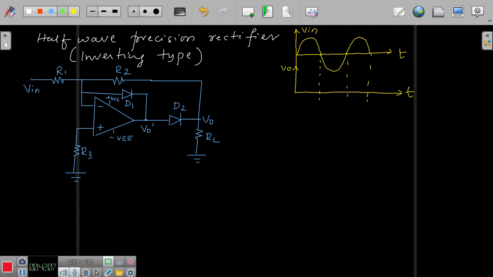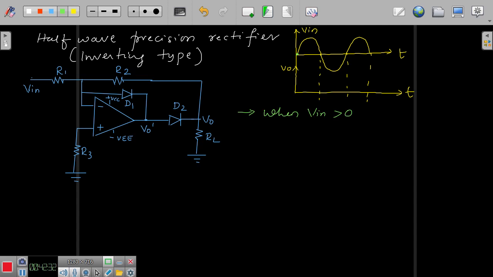So now, what is the circuit operation here? How do you analyze the working of this particular circuit? So let us start with this point as usual. When the input voltage is greater than 0, when V in is greater than 0, what happens?